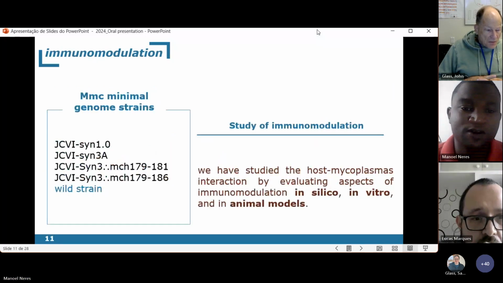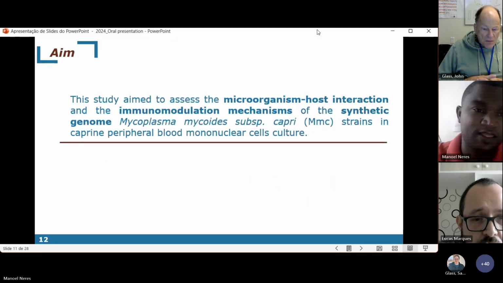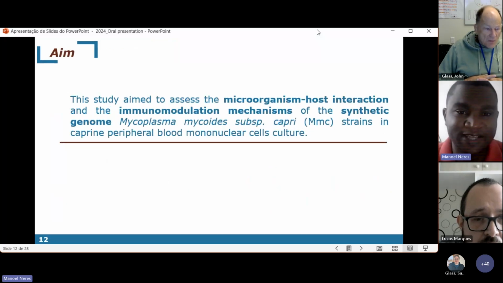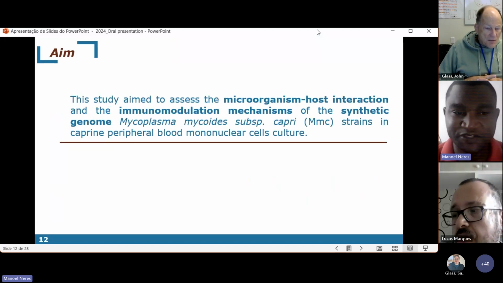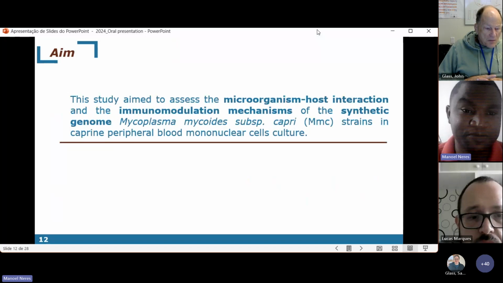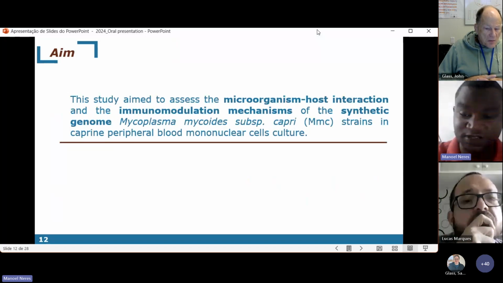We have studied Mycoplasma-host interactions by evaluating aspects of immunomodulation in silico, in vitro, and in an animal model. With this, the study aimed to assess the microorganism-host interactions and the immunomodulation mechanism of synthetic genome Mycoplasma mycoides subspecies capri strains in caprine peripheral blood mononuclear cell culture.